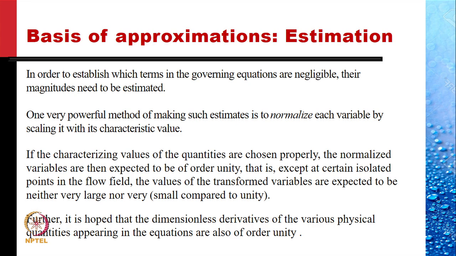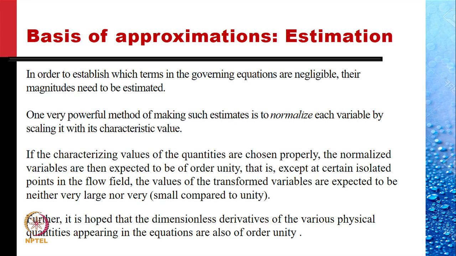If the characterizing values of the quantities are chosen properly, the normalized variables are then expected to be of order unity, that is, except at certain isolated locations in the flow field. The values of the transformed variables are expected to be neither large nor very small compared to unity.